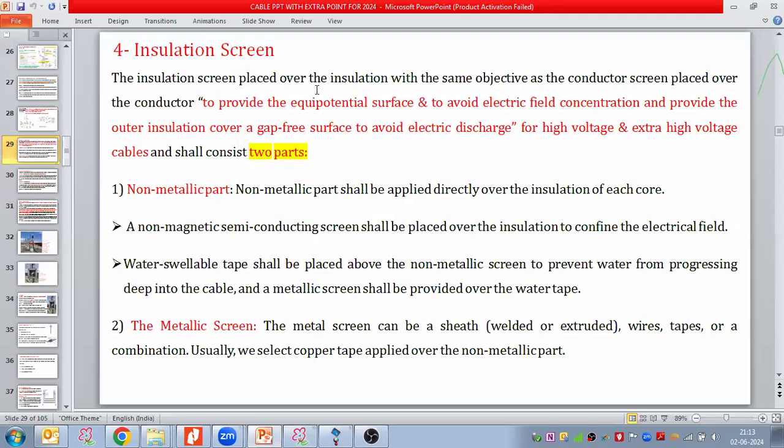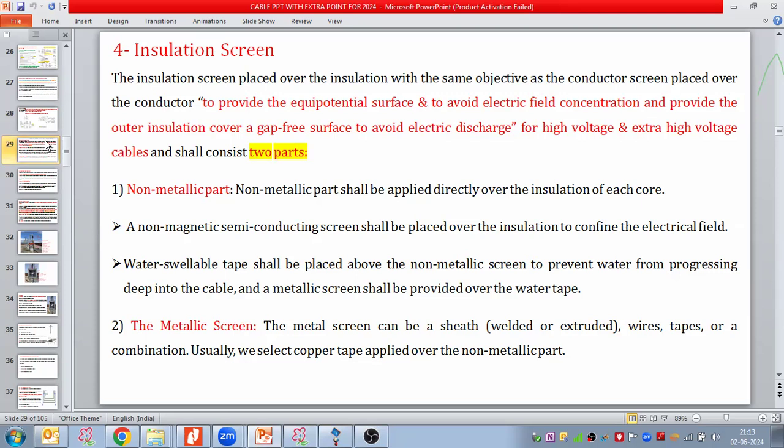The insulation screen is placed over the insulation with the same objective as the conductor screen placed over the conductor: to provide an equipotential surface around the conductor along the whole length of the cable, and to avoid electric field concentration, and to provide the outer insulation a gap-free surface to avoid electrical discharge.